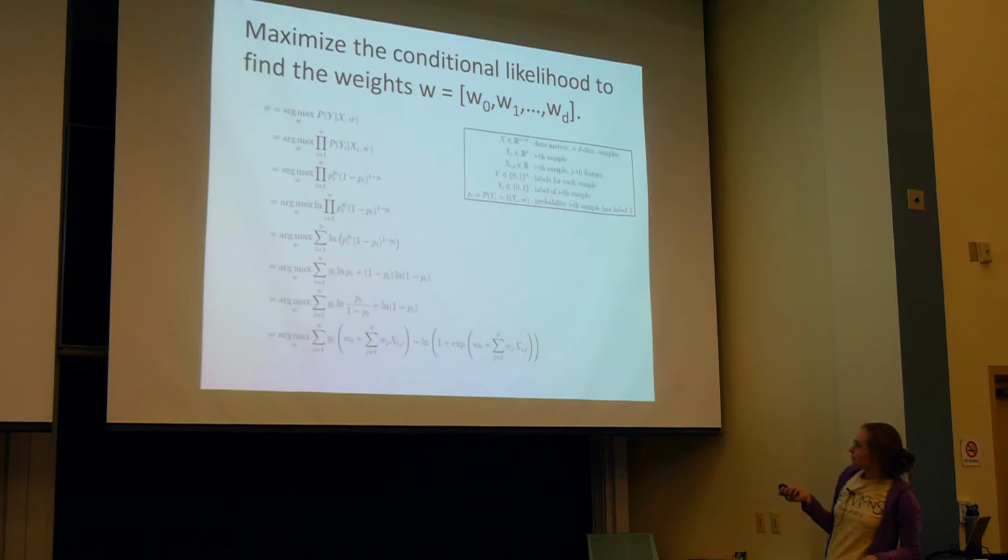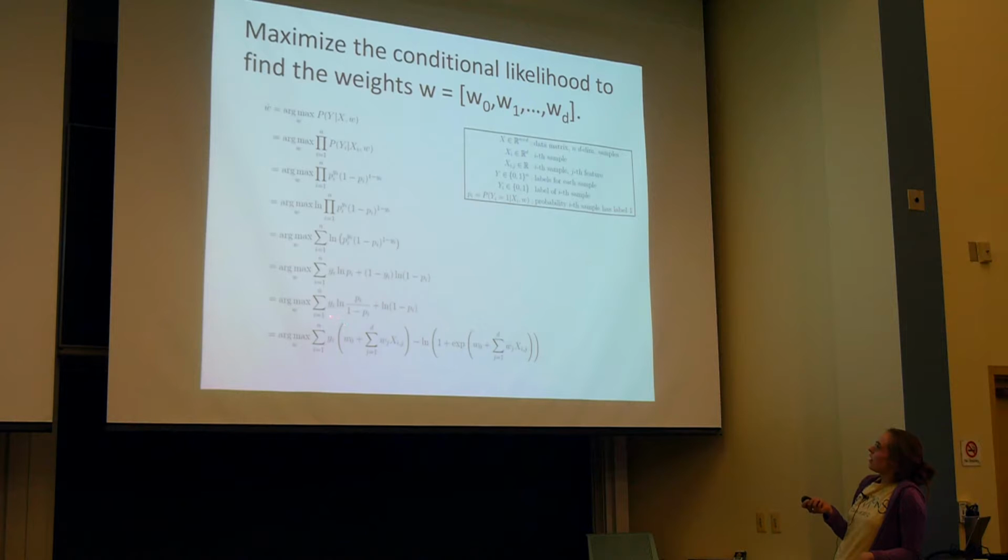And then going from here to here, if you distribute this 1 minus yi across the log of 1 minus p, you're left with the log of 1 minus p, and then you have the minus yi log of 1 minus p. And when you have two logs that you're subtracting, you can make them a quotient.